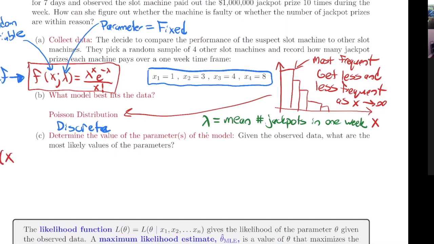We could first think about: what is the probability that x1 would equal 1, x2 would equal 3, x3 is 4, and x4 is equal to 8?